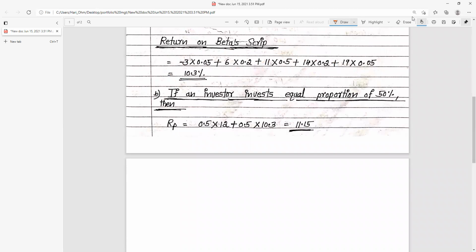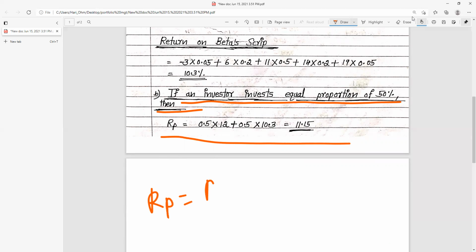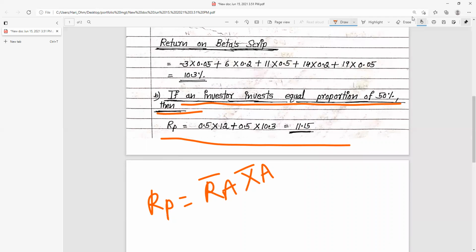Okay, if an investor invests equal proportion of 50%, then how do you calculate RP? What is the formula? RP is equal to R bar A into XA plus R bar B into XB.